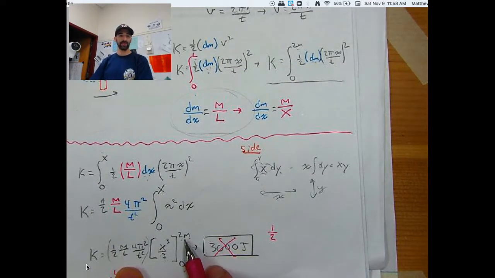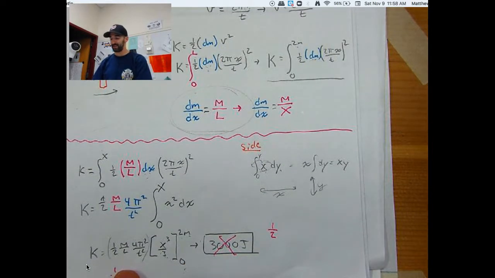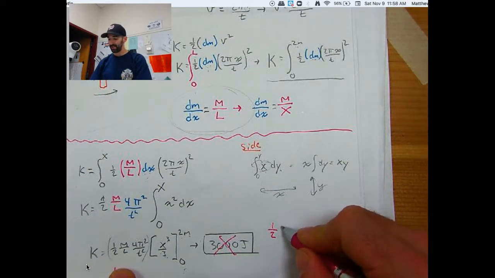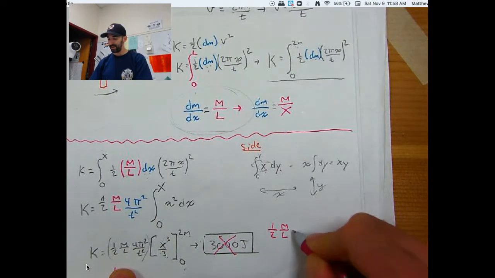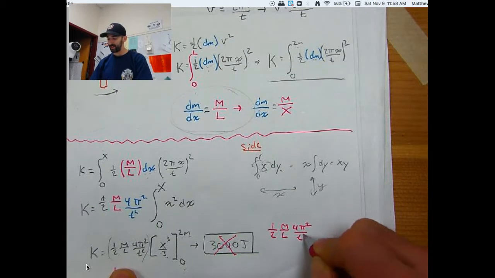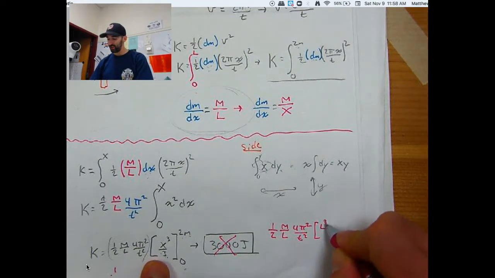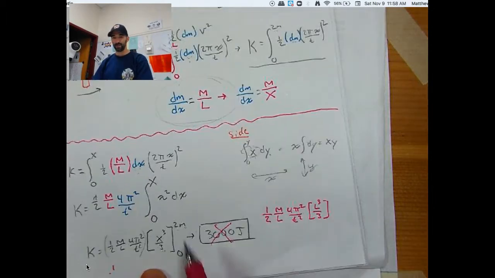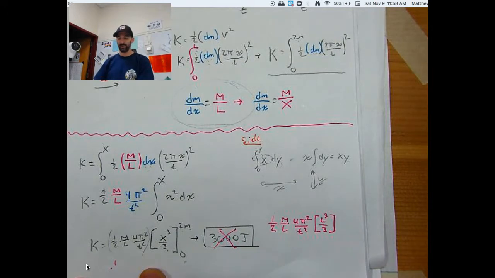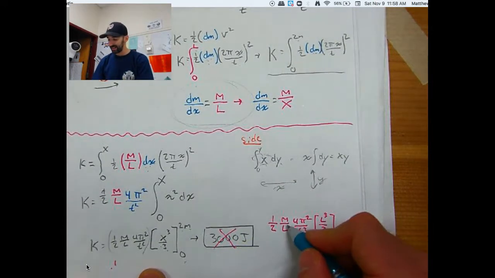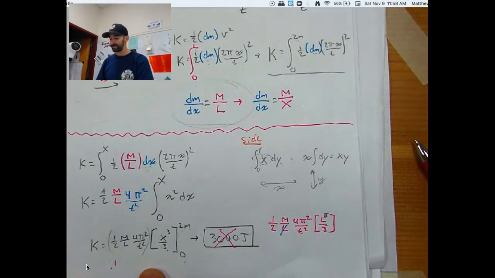Instead of going to this 2 meters, I'm going to just put it in terms of variables for a moment. 1/2 m divided by L, 4 pi squared over t squared, from L cubed over 3. And again, that is from 0. Instead of the 2 meters, instead of putting numbers in right away, I'm going from 0 to L. And then you'll notice I can lose that L, and that's going to be L squared.